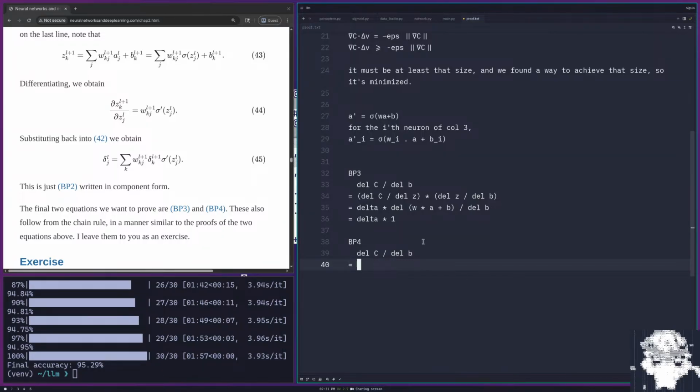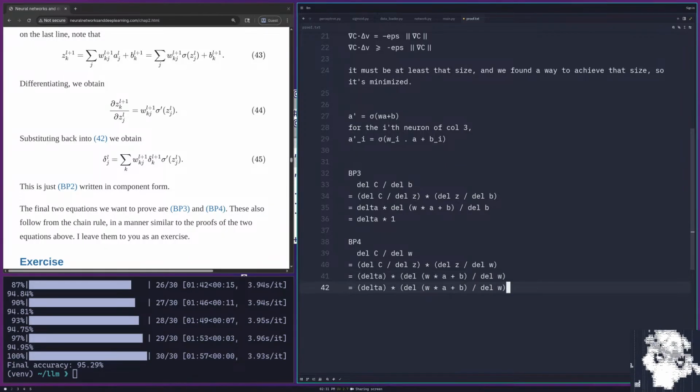Okay, so let's do the same trick where we'll put Z in here. So this is W and this is W. So this is going to be delta on the left side times, and then let's swap in the definition of Z right here. The B goes away because it's a constant.